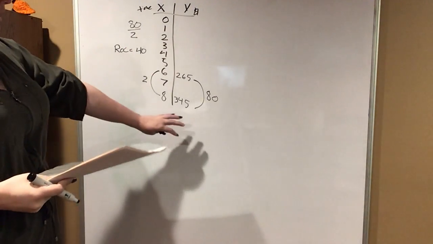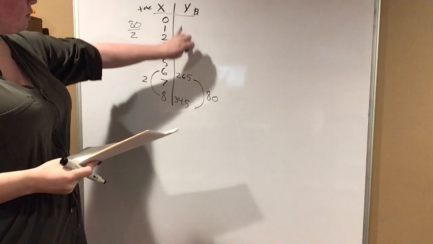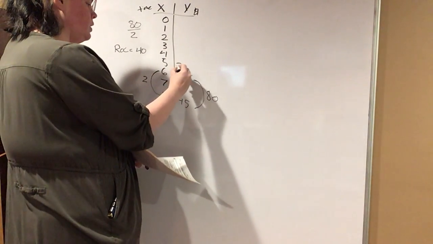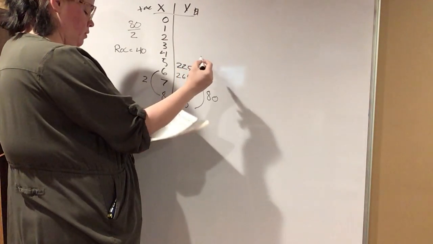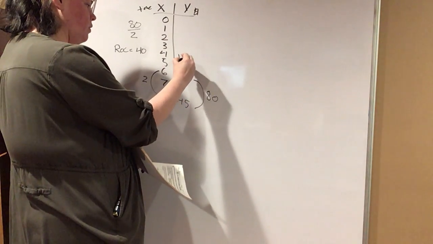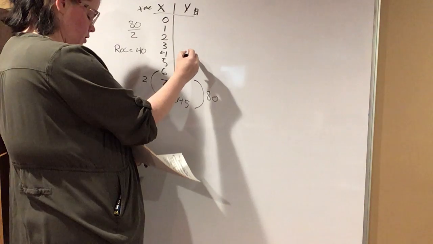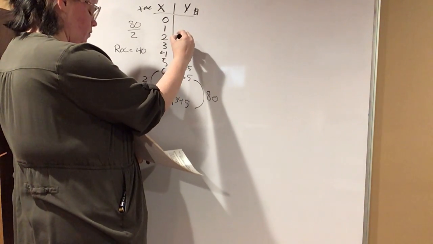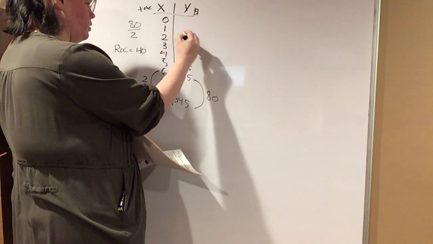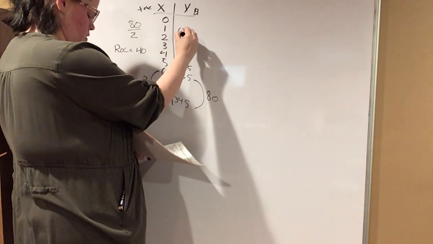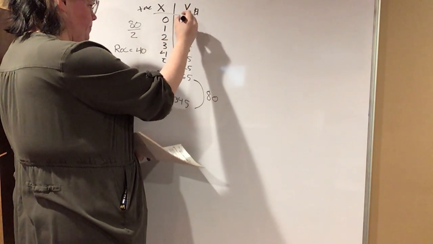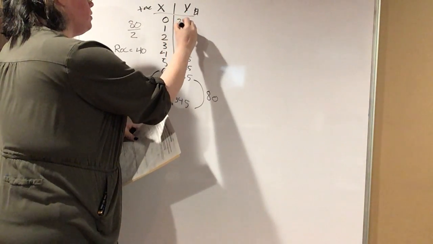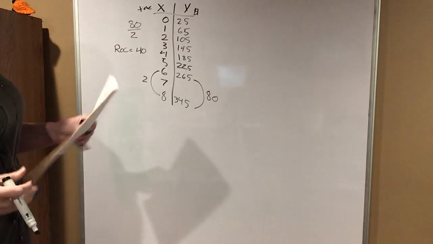So now I'm just going to take that, and I'm just going to go backwards. So 265 minus 40 is 225. And then minus another 40 is 185. Minus another 40 is 145. And you just keep going until you get back to the 0, which is our initial value.